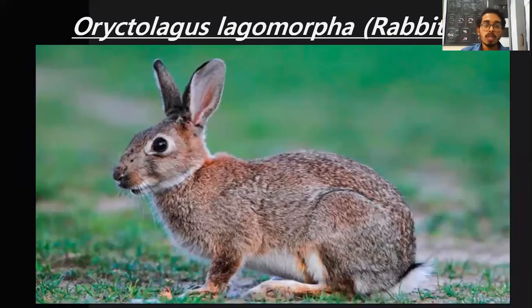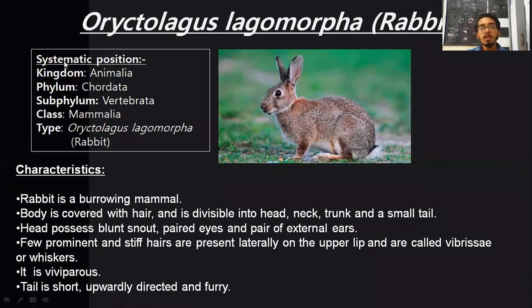Then the last specimen is a rabbit. The scientific name is Oryctolagus cuniculus. Its systematic position is kingdom Animalia, phylum Chordata, subphylum Vertebrata, class Mammalia, and the type specimen is Oryctolagus cuniculus.